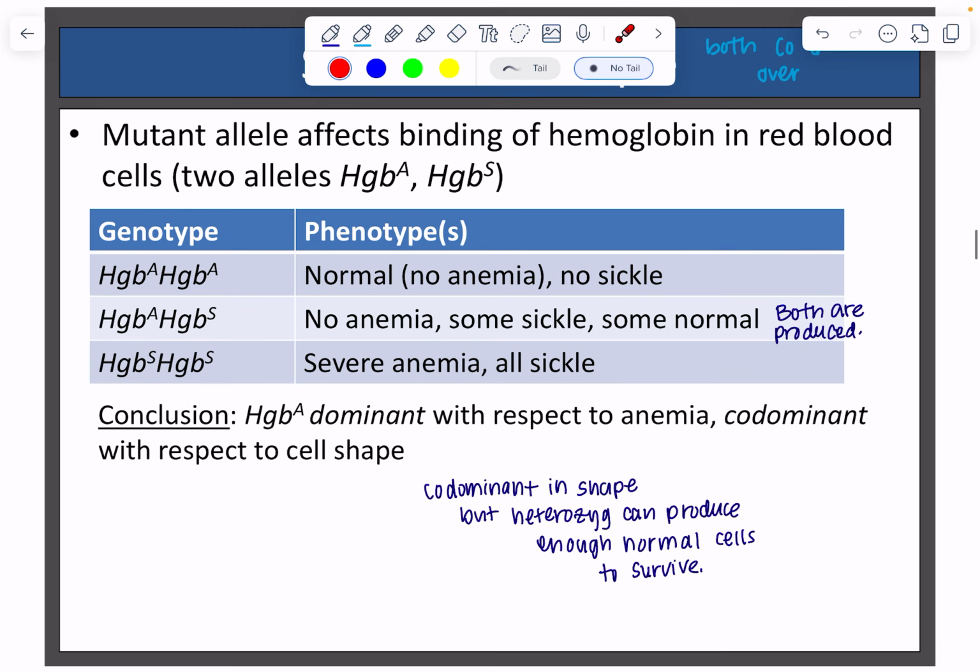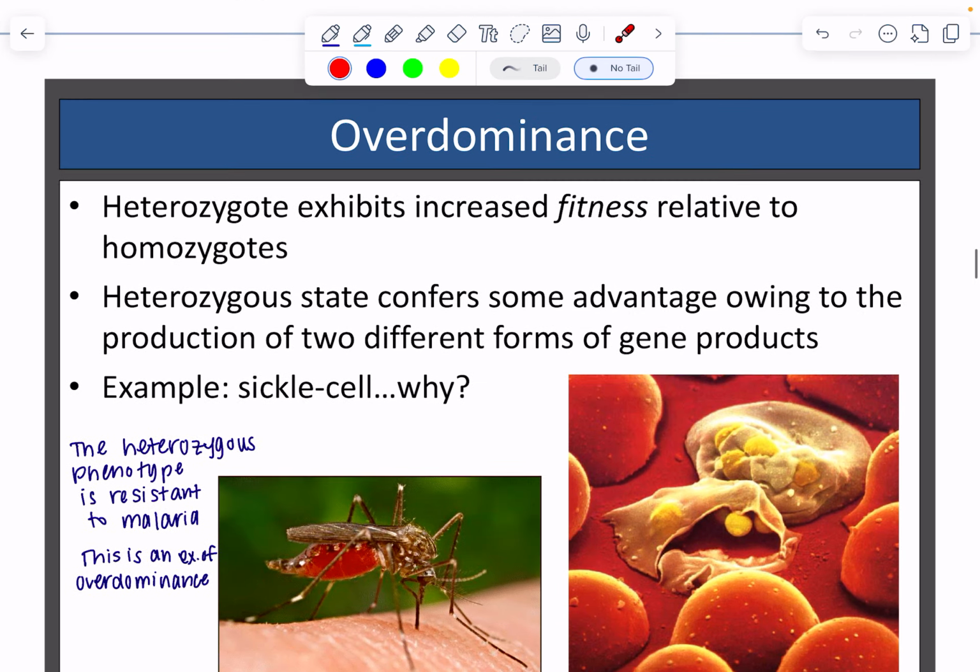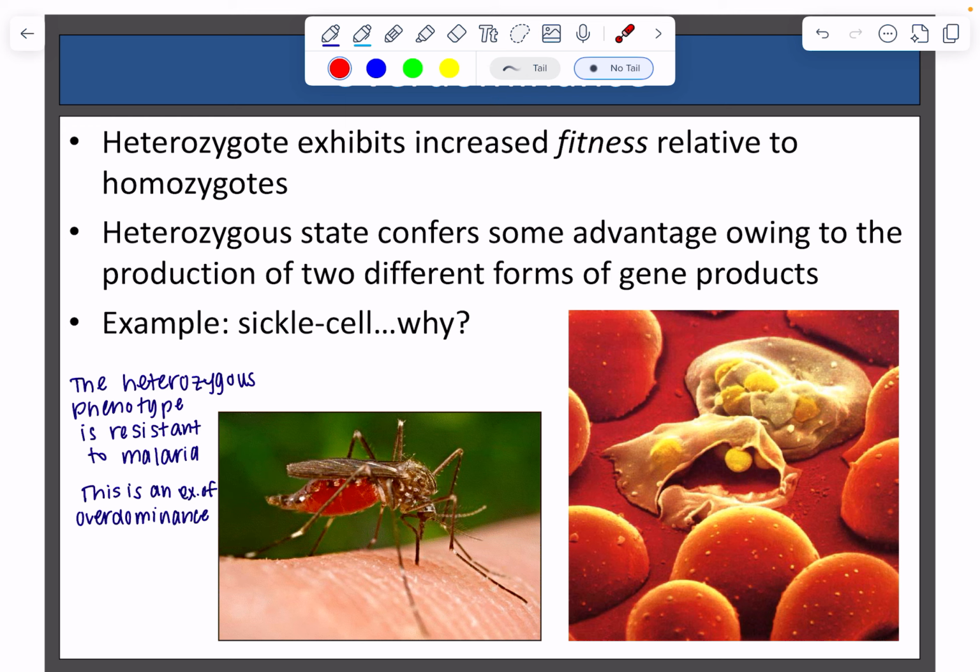Now, overdominance in sickle cell anemia happens when you get another thing affecting it, an external force affecting the way that the gene is inherited. In this case, malaria has been known to be rampant in certain parts of Africa, and those same parts have shown increased sickle cell anemia. What that's saying is that heterozygotes exhibit increased fitness relative to homozygotes.